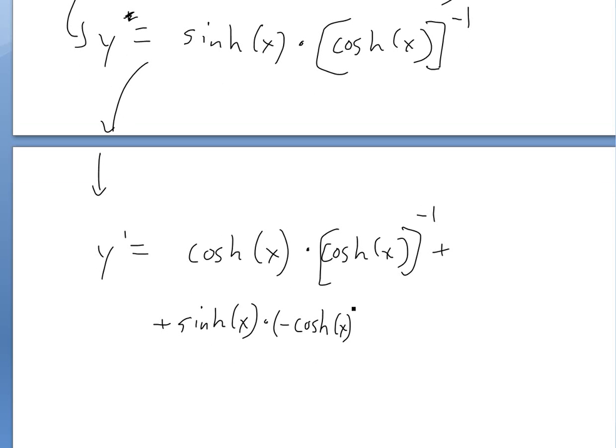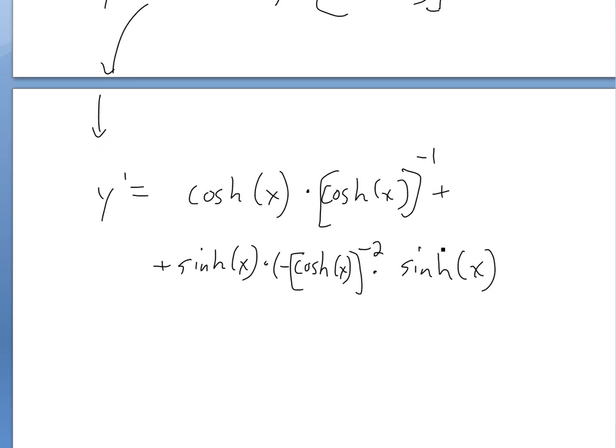This is cosh of x to the negative 2, brought down, and then using the chain rule we just multiply by the derivative of the inside here. The derivative of cosh is sinh of x. And now we can just add these all together. So this one actually cancels, this equals 1.